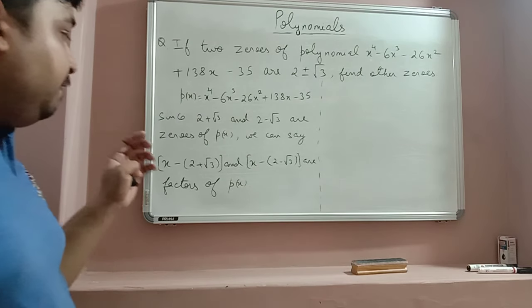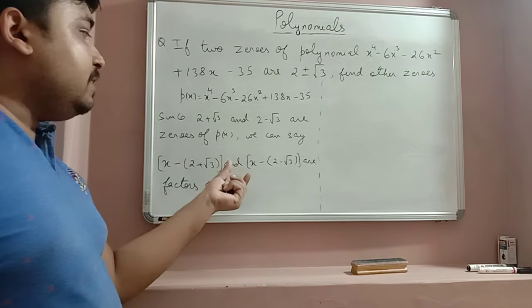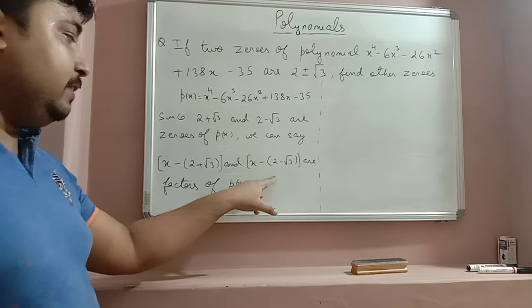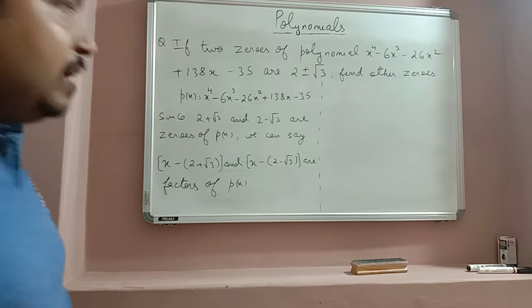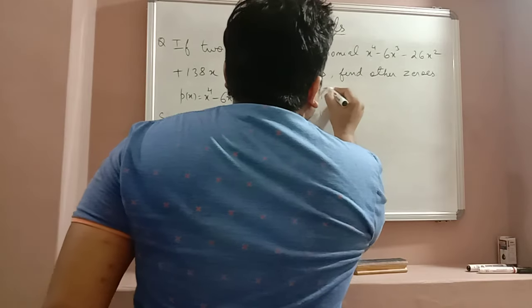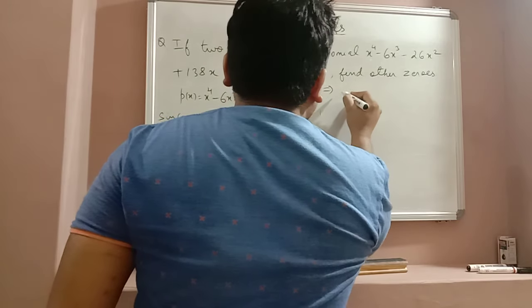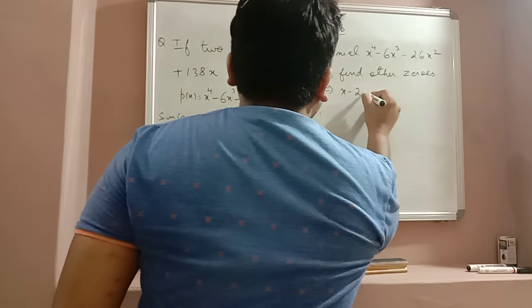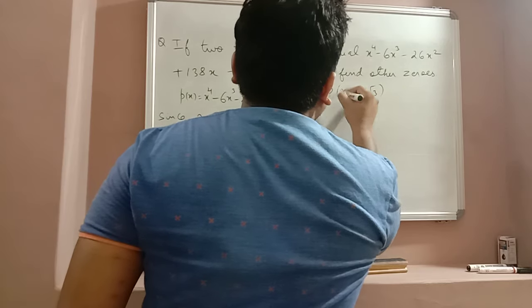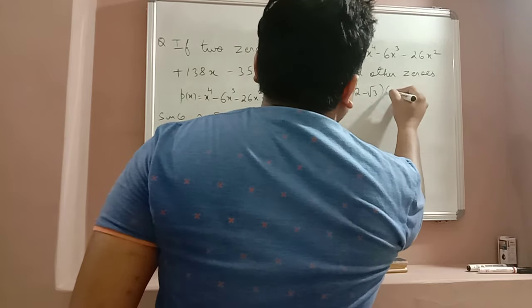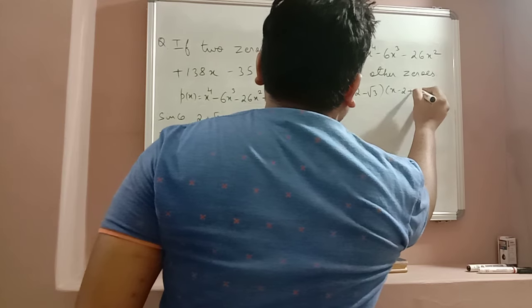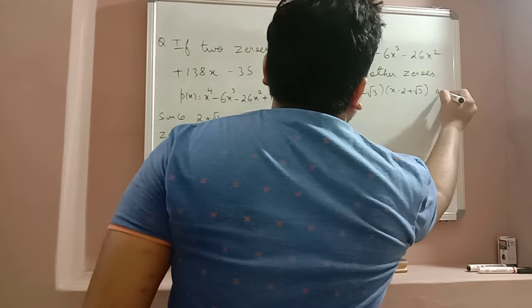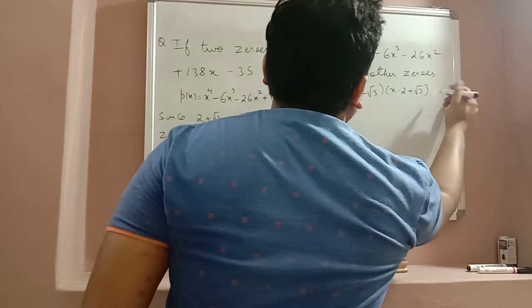Now, if two factors are given, then the product of the two factors is also a factor of p of x. So I can also say that x minus 2 minus root 3, into x minus 2 plus root 3, is a factor of p of x.